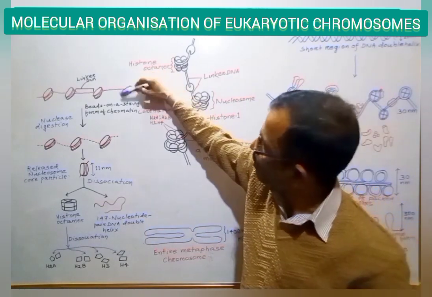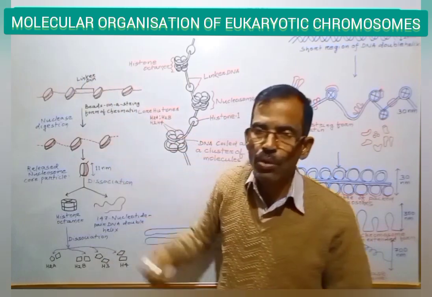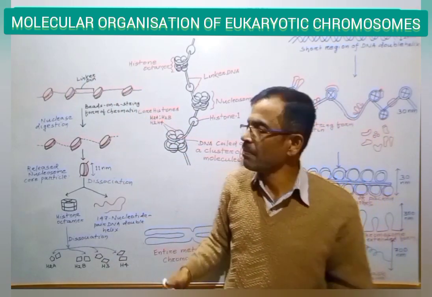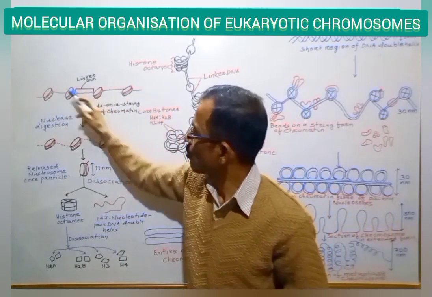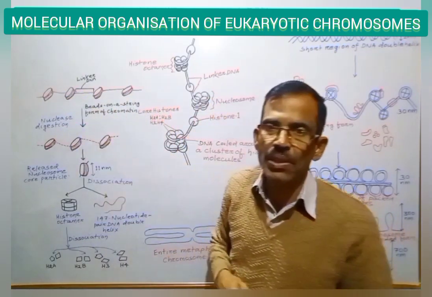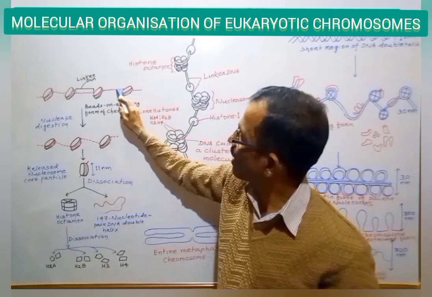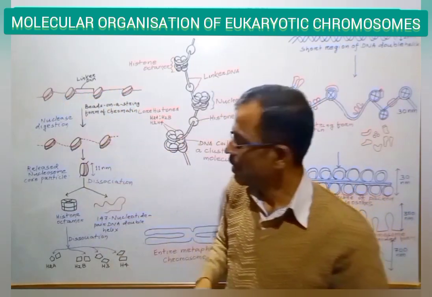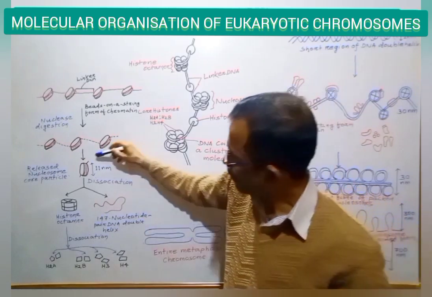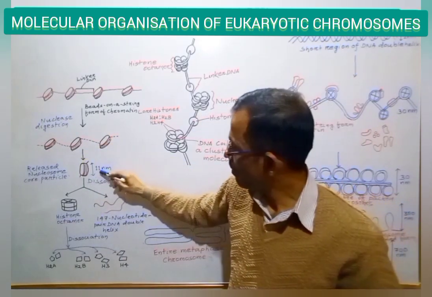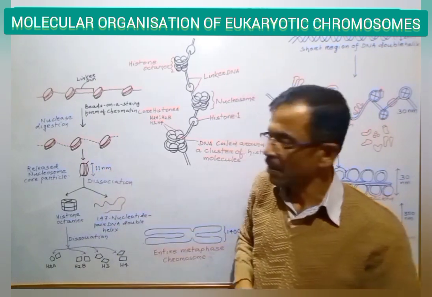The structural organization of nucleosomes can be determined after isolating them from the unfolded chromatin by nuclease digestion. The enzyme nuclease will break down the linker DNA, thereby releasing nucleosome core particles which are about 11 nanometers in diameter.